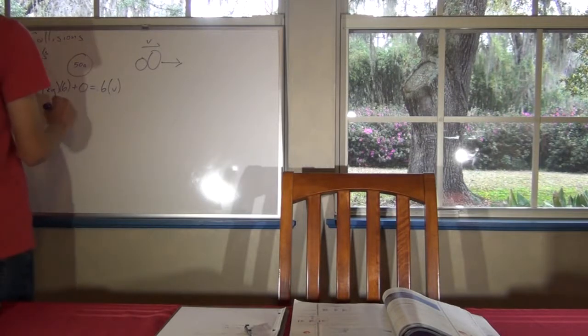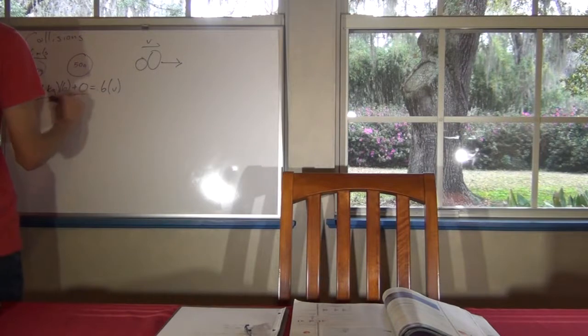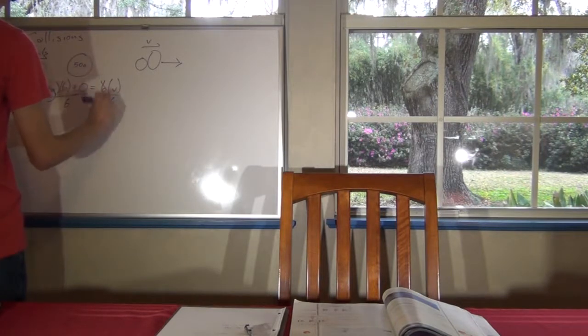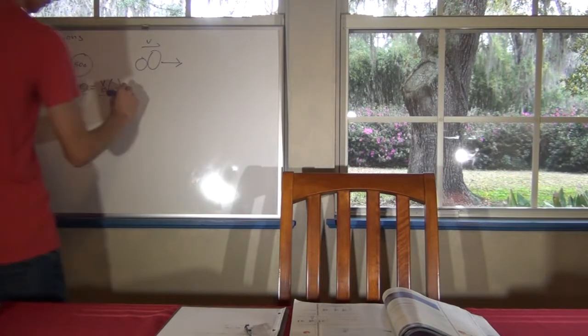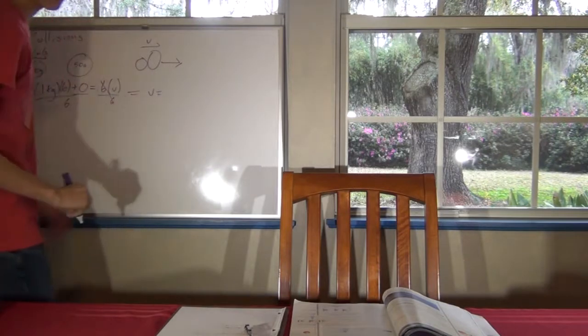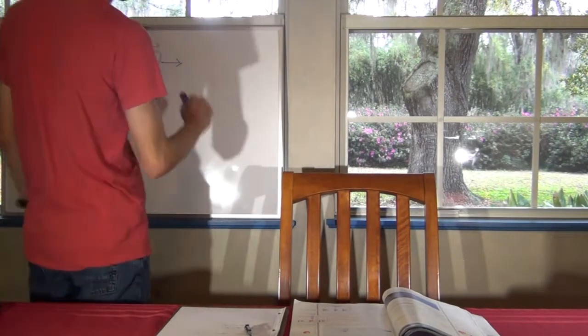So then you simply take this equation, you divide both sides by 0.6, and you end up getting that your final velocity equals 1 meter per second.